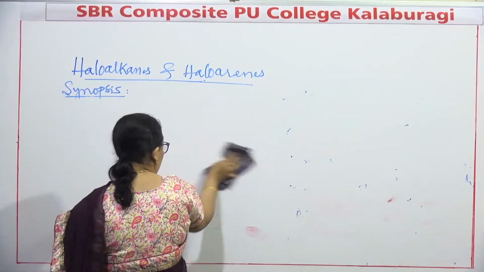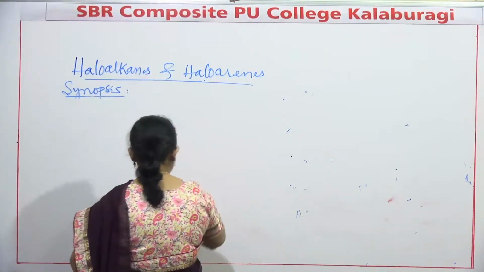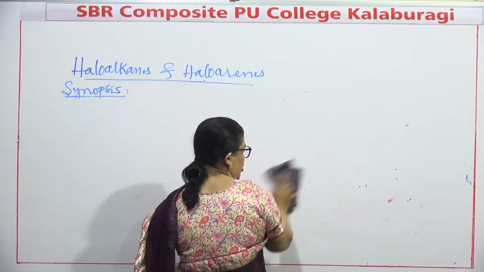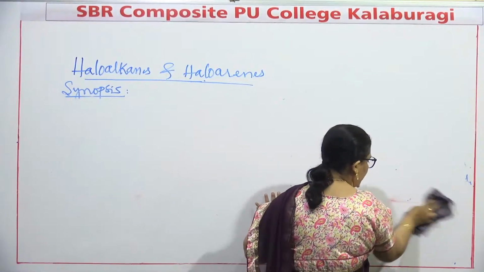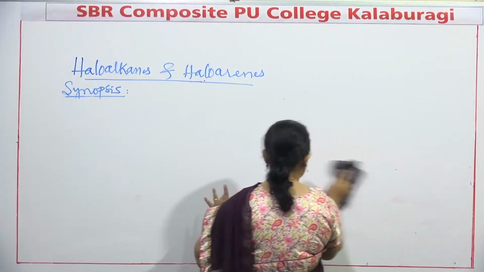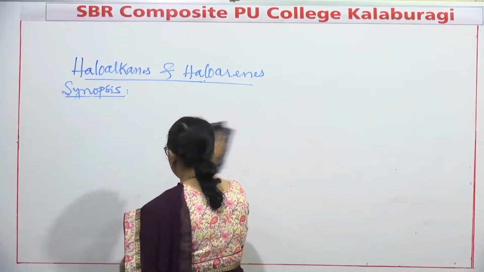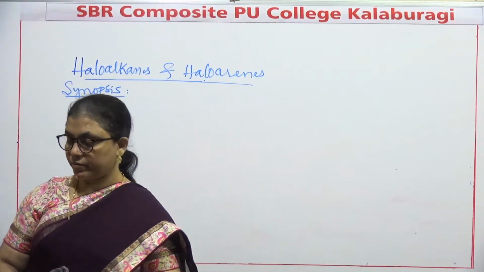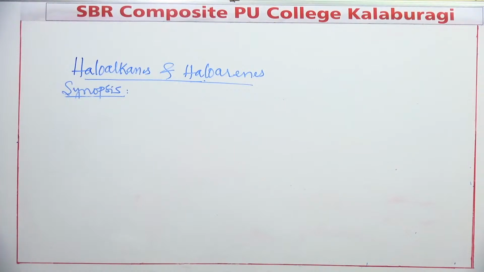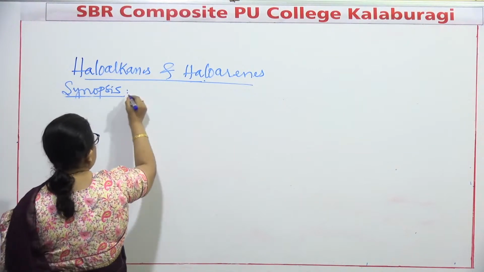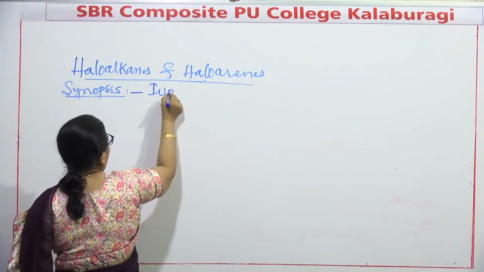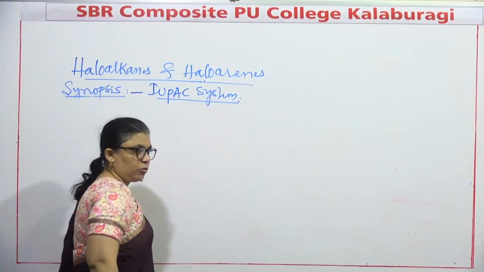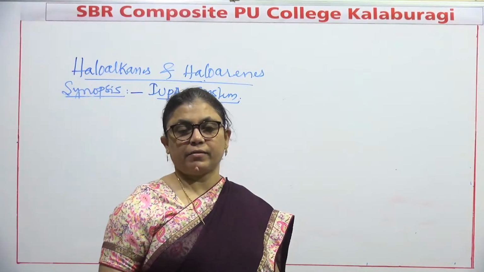In this topic, haloalkane and haloarene, the functional group is halide, and halo is the prefix; it is mentioned in the topic name itself. Suffix is the ending name.